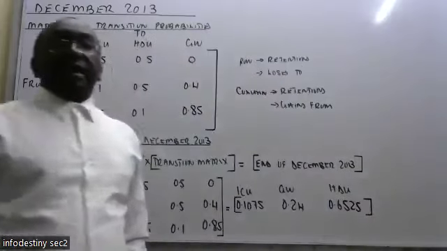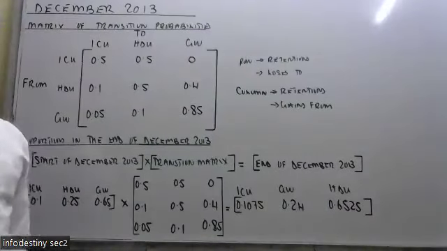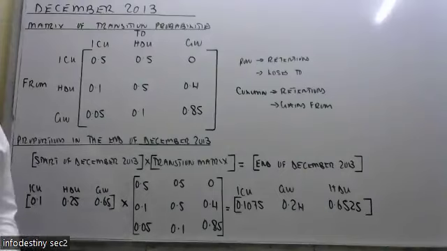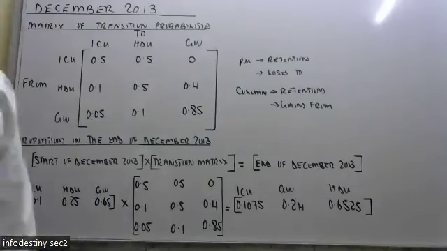And they're adding exactly to 1. Yes, you need to confirm that they're adding exactly to 1. So those are the proportions.